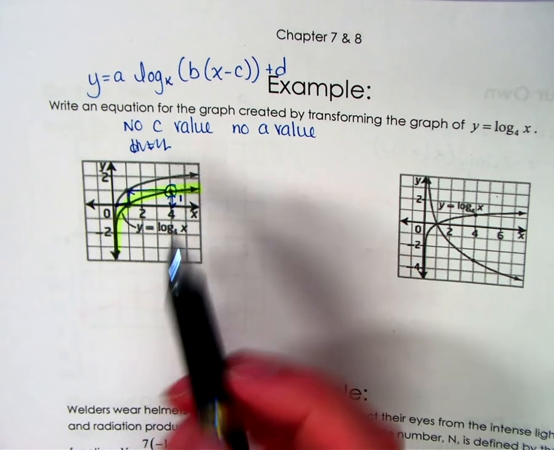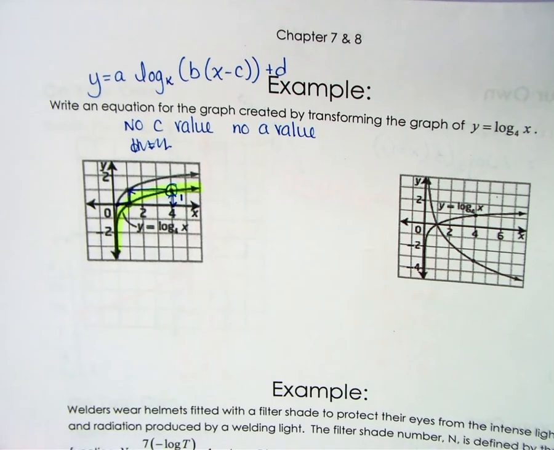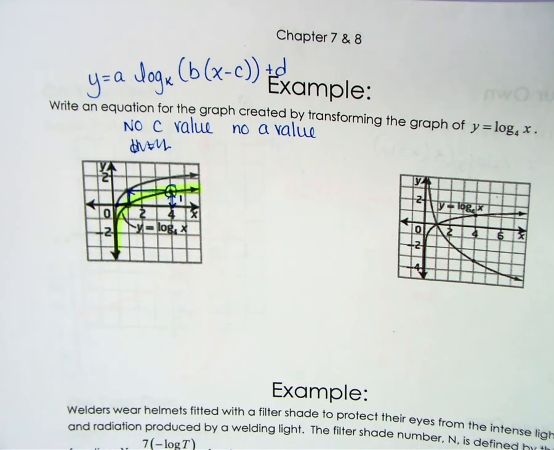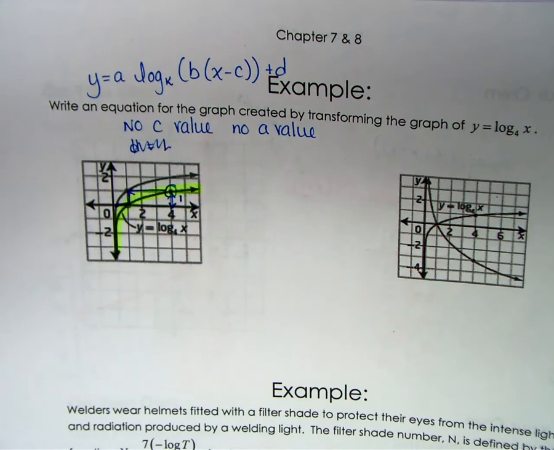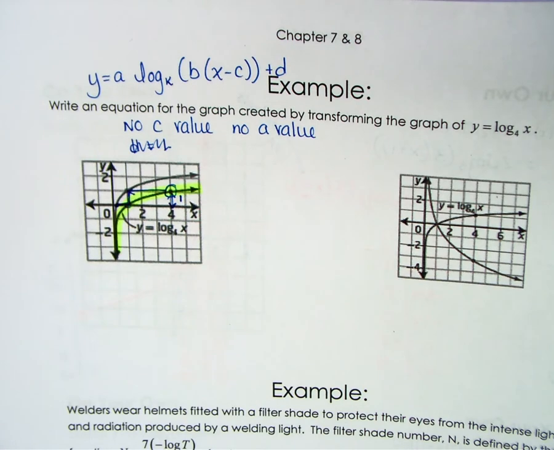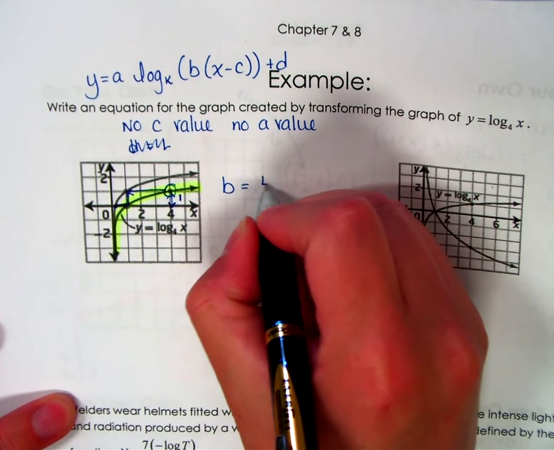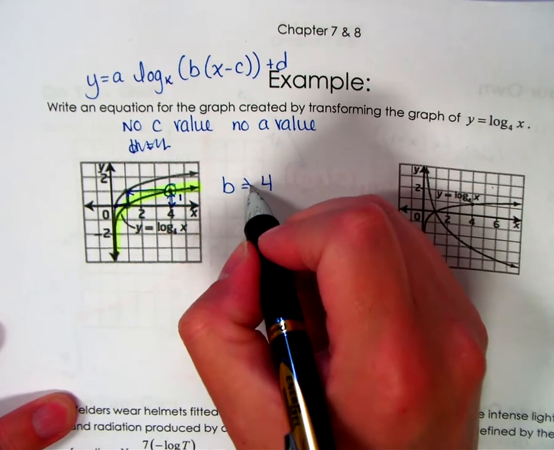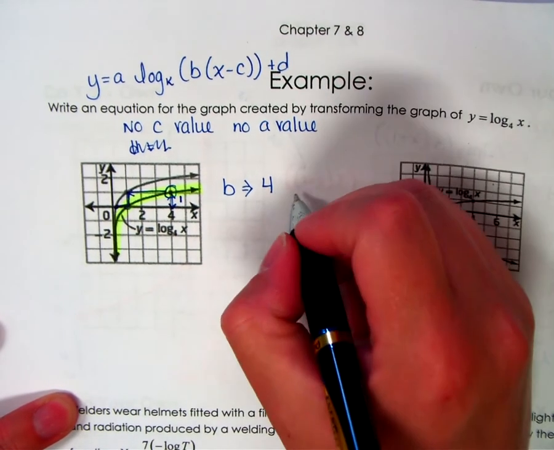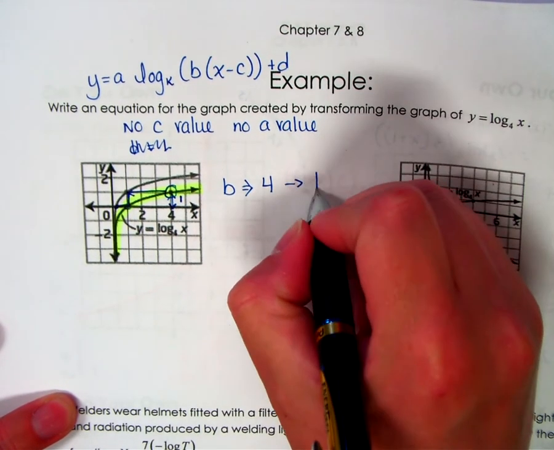Okay, but what do we know if this point translated to that point? So we have no vertical stretch. But I was at 4, and now that point translates to 1. So my B value was at 4, and it transformed to 1.